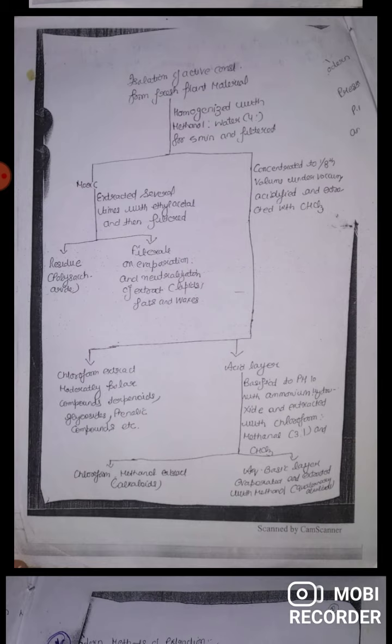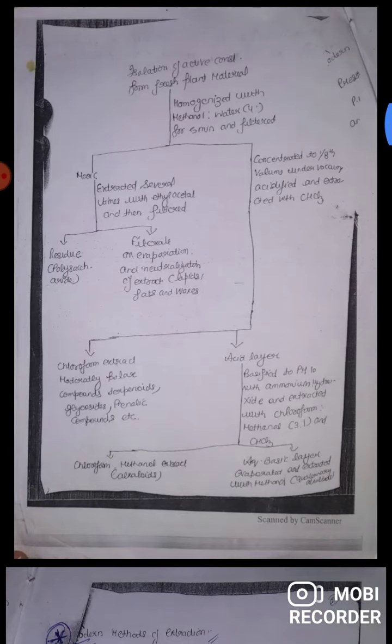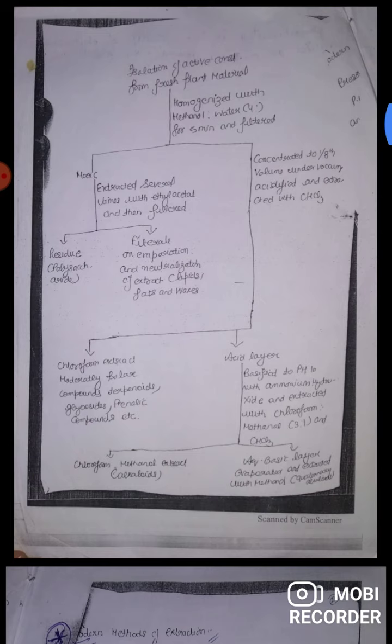Further, the marc is extracted several times with ethyl acetate and then filtered out. So two things are obtained: first is the residue and second is the filtrate. The residue contains polysaccharides, and the filtrate, on evaporation and neutralization of the extract, contains lipids, fats and waxes.